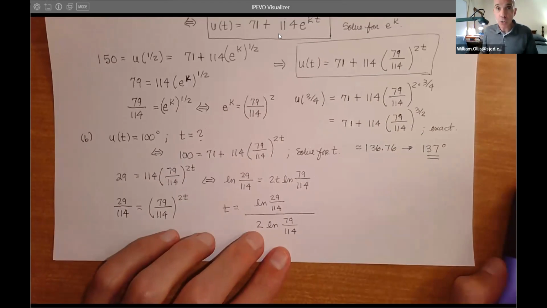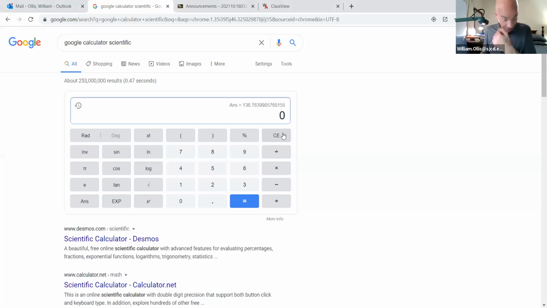So now let's go to the Google calculator, our friend, our free scientific calculator. So we have natural log of 29 divided by 114. The only time we pick up the calculator is at the very end.